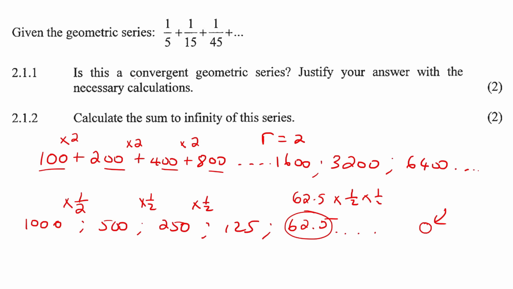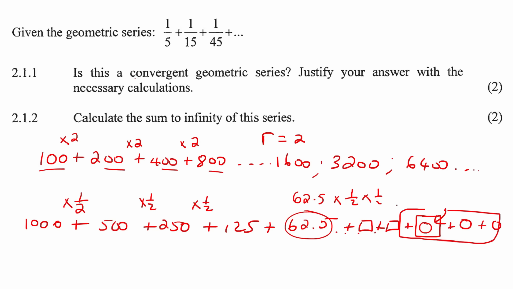So then, imagine this. Imagine we actually didn't have semicolons here. Imagine we had pluses, plus, plus, plus, plus. Eventually, you're going to be plussing all of these numbers together, and eventually you will be plussing 0, and the next number would be 0, and the next number would be 0. So if you keep plussing 0, can we agree that the sum of all of these numbers will eventually stop growing?